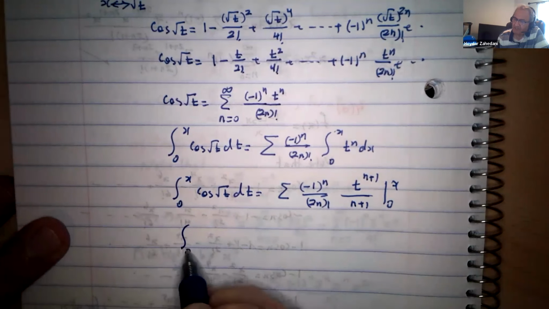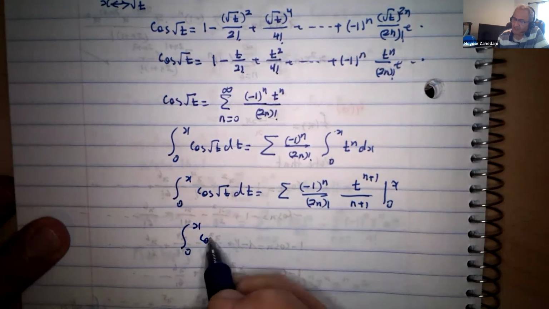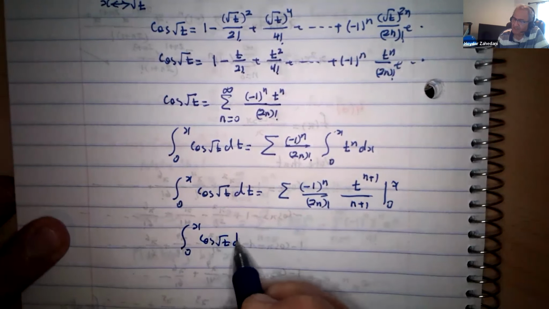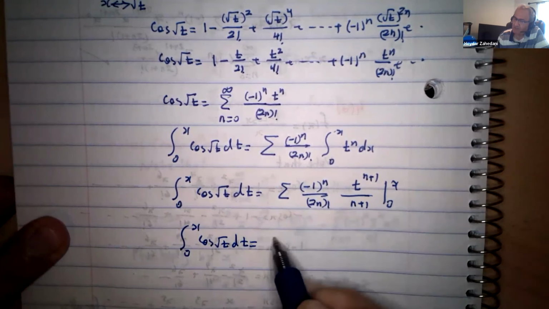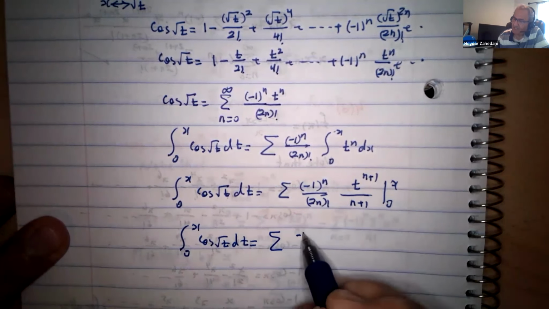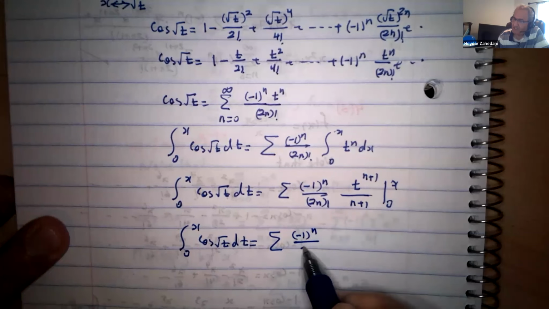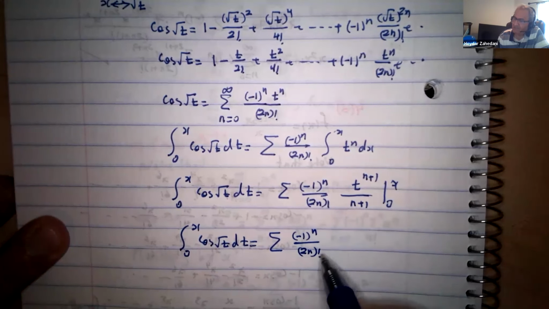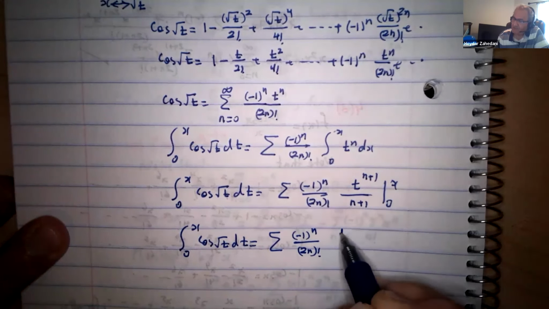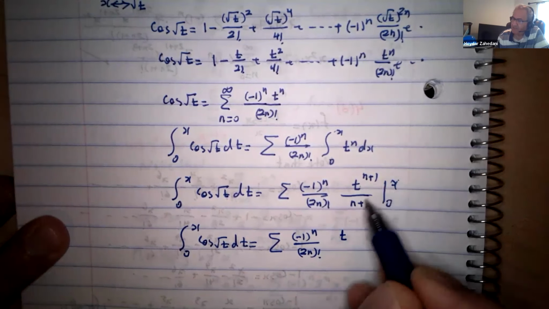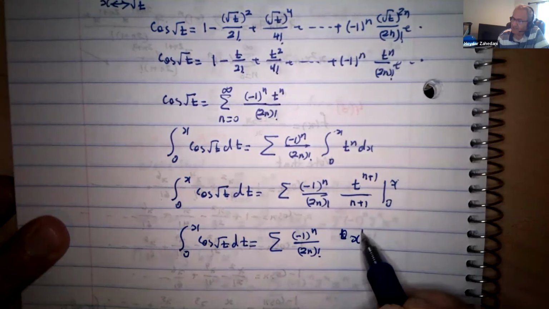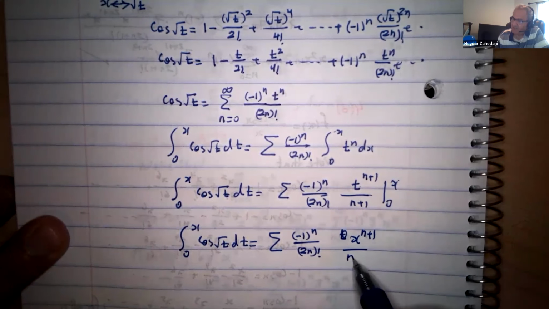So the integral from 0 to x of cosine of the radical t dt is going to be sigma of negative 1 to the n over 2n factorial, and replacing t by x, x to the n plus 1 over n plus 1.